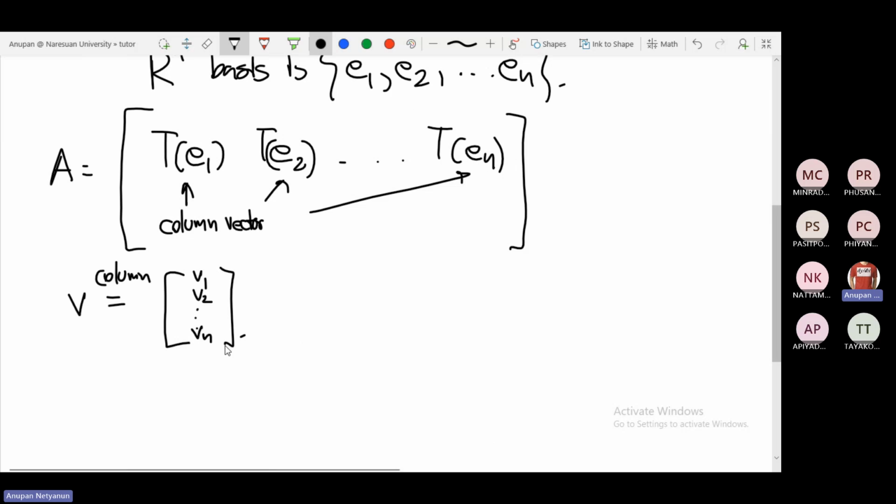If you want to know TV, the linear operator applied to V is the same as you apply A to V, or multiply A to V, because this one is the matrix.